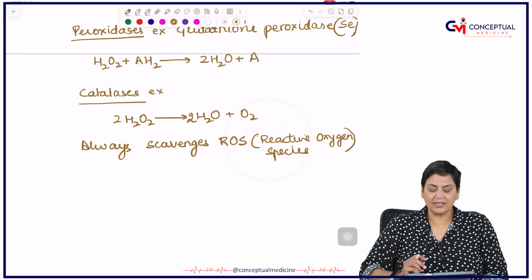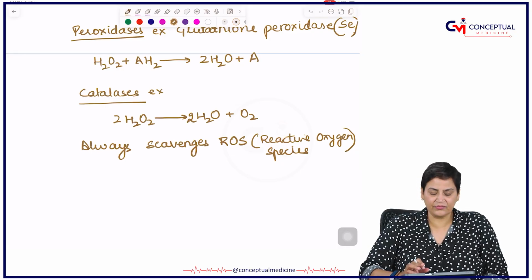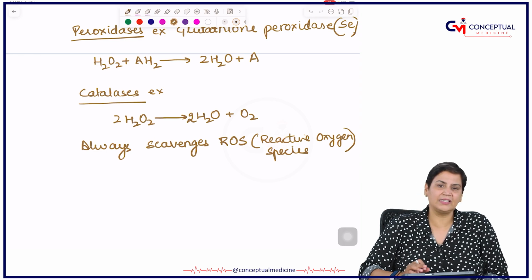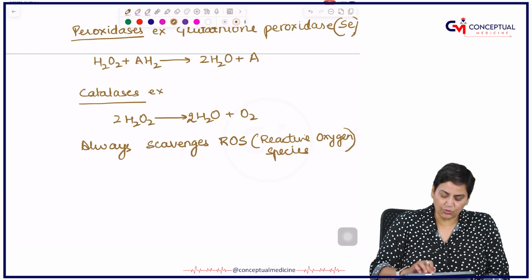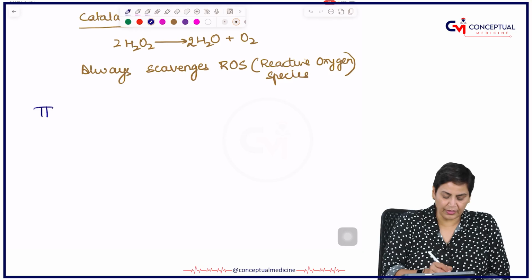So this is class 1 of enzymes, oxidoreductases, which is further divided into 4 subclasses: dehydrogenases, oxygenases, oxidases, and the 4th one is peroxidases. Then we come over to class 2. So class 2 is transferases.